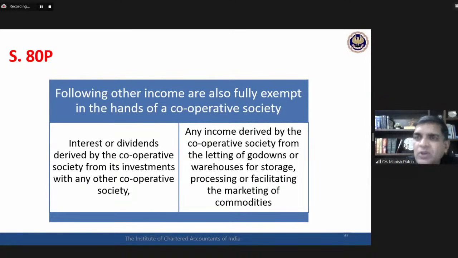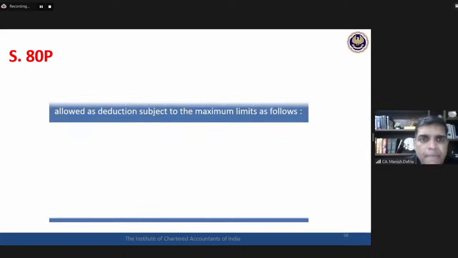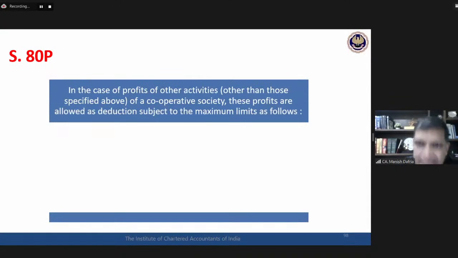Okay, godowns or warehouses are being rented out for storage, processing, or marketing of commodities. Then this income is also fully exempt. Okay, then these are certain activities, certain incomes which are fully exempt.